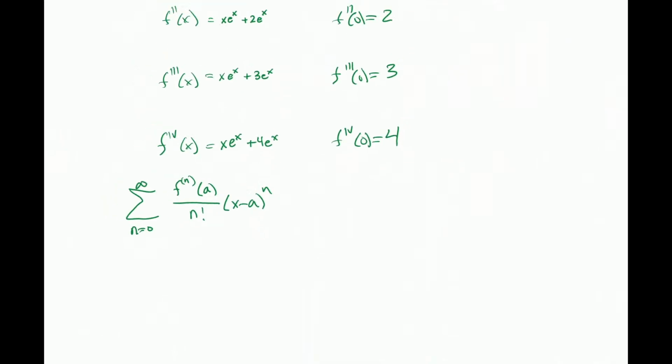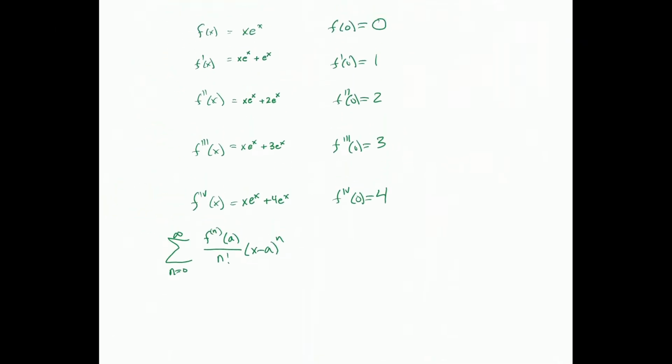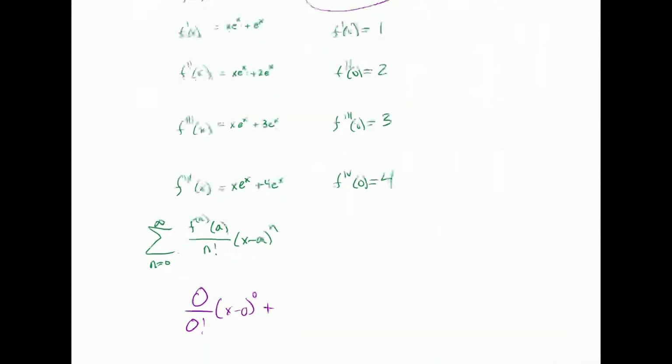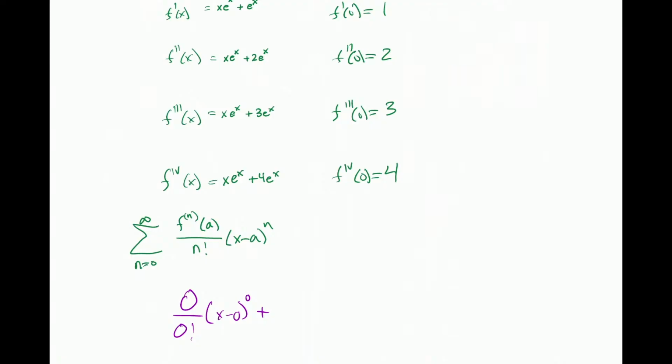So the first 4 non-zero terms, okay, so I'll zoom back out in just a sec. So we're starting with that 0 up there. So 0 over 0 factorial times x minus 0 to the 0 is just 0. So we'll leave that out of it. And then the next term, I'm using that 1 up there.